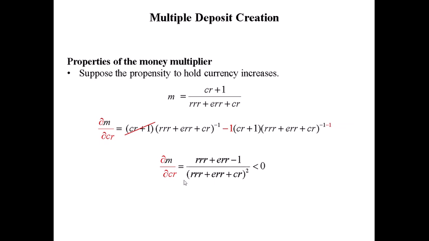Now, the interesting thing about this is if, say, the excess reserves ratio is 0.95 for whatever reason, and this is 0.1. Well, if the excess reserves ratio is really big, like 0.95, plus the reserve requirement ratio of 10% pushes the sum over 1. And something over 1 minus 1 is positive.